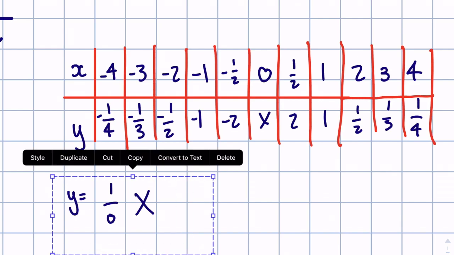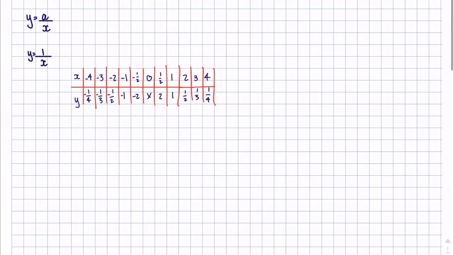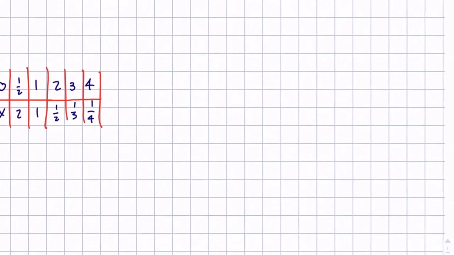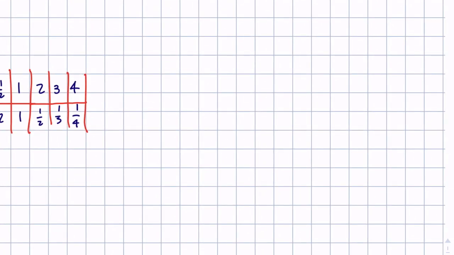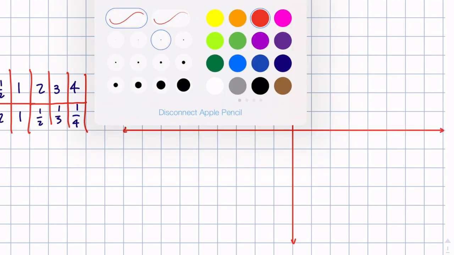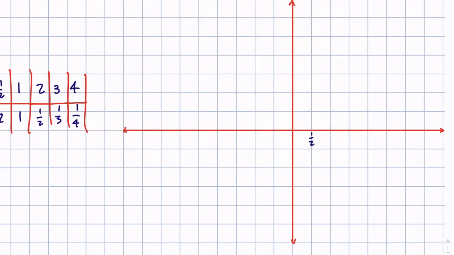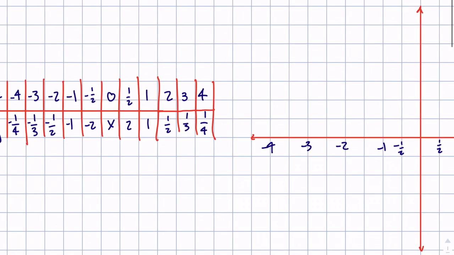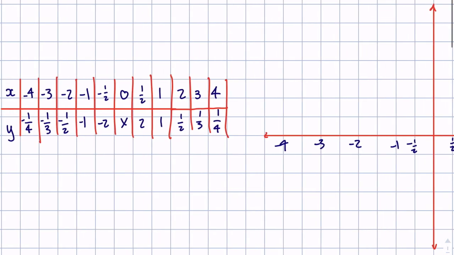So if I were to sketch that, okay. And let's say I want to go up in halves, because I really want to see what happens. 1/2, 1, 2, 3, 4, -1/2, -1, -2, -3, -4. Y goes all the way up to 2. It goes 1/2 and 1/3.